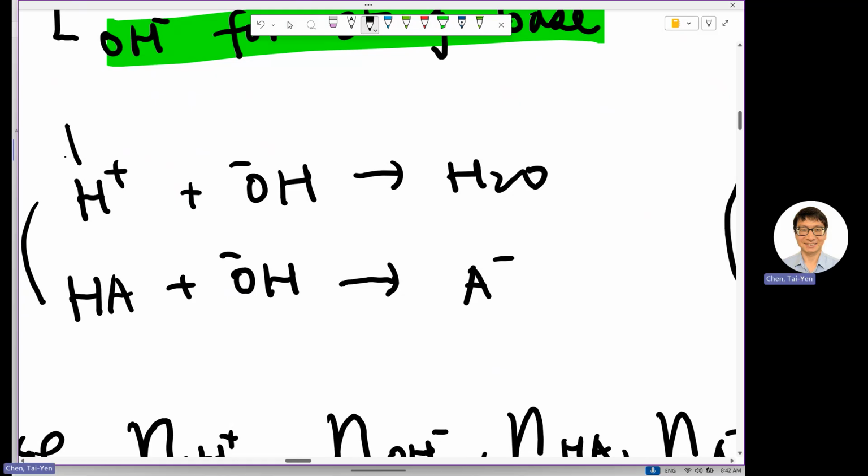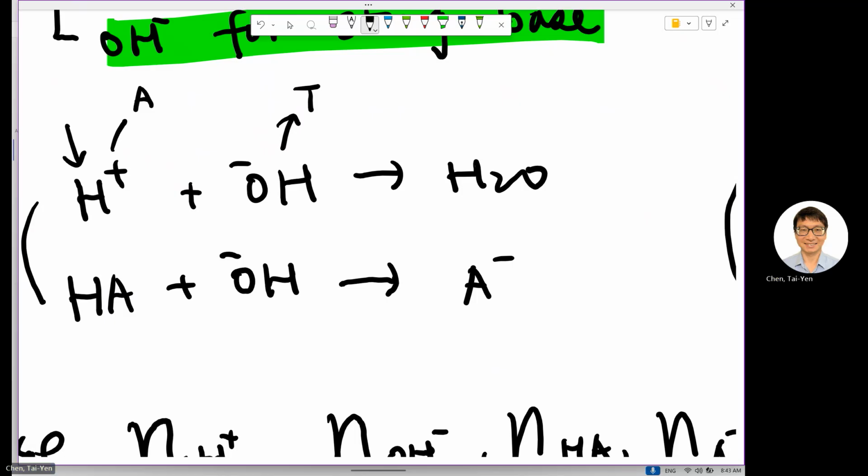This is the equation you will use when you start with a strong acid as your analyte and you titrate it with a strong base. When you read that, that's the equation you have to translate. This equation represents a strong acid titrated by a strong base: H plus plus OH minus gives you H2O.